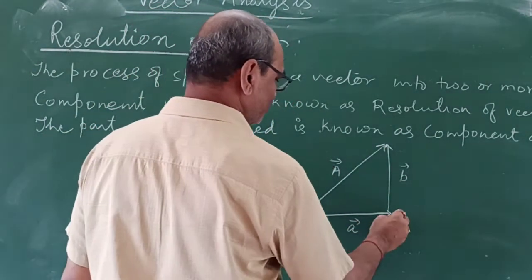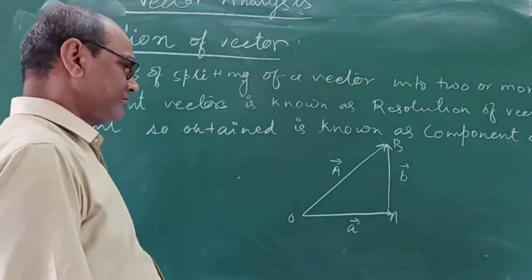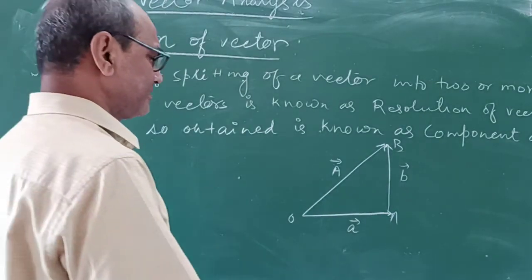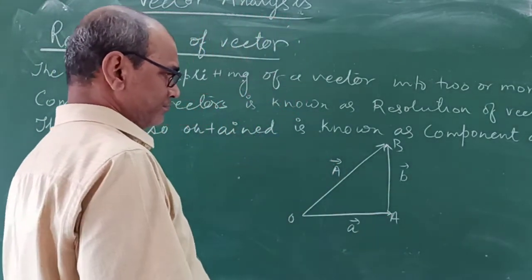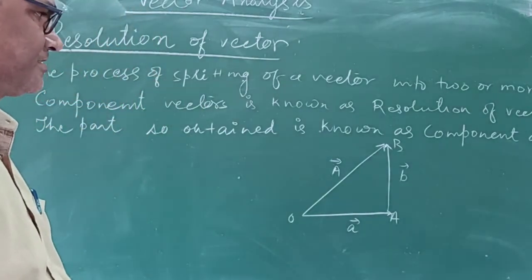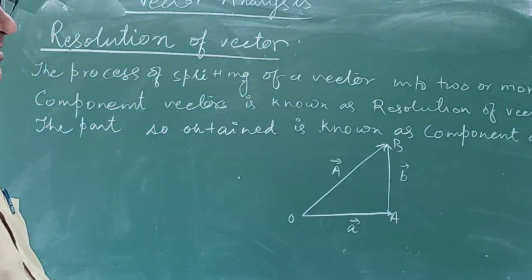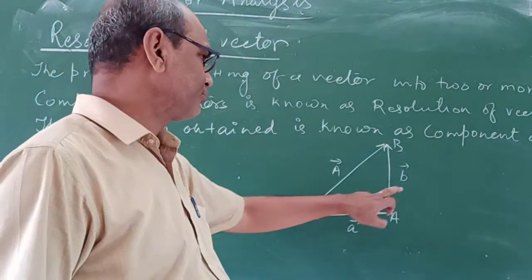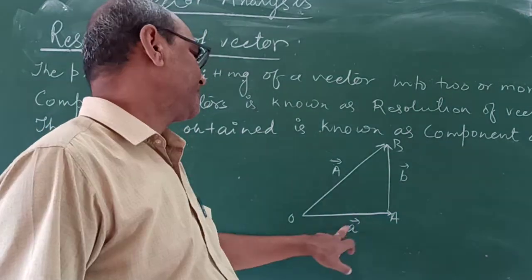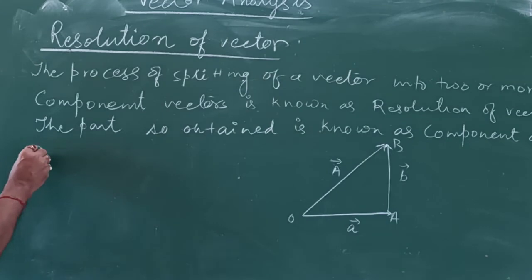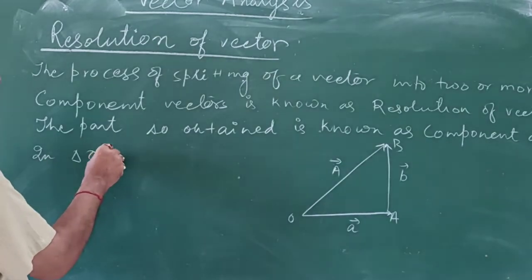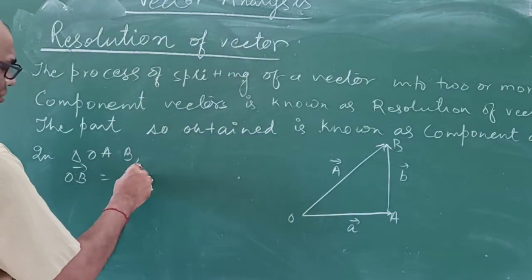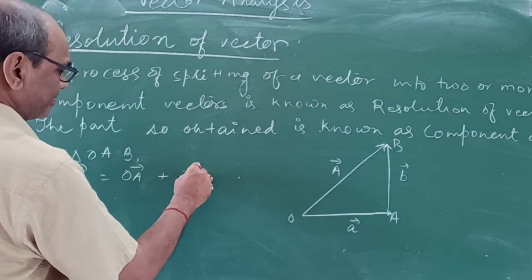Now we give the name OAB, where vector a is represented by the side OA and vector b is represented by the side AB, and the resultant vector is A. In triangle OAB, OB is equal to OA plus AB.